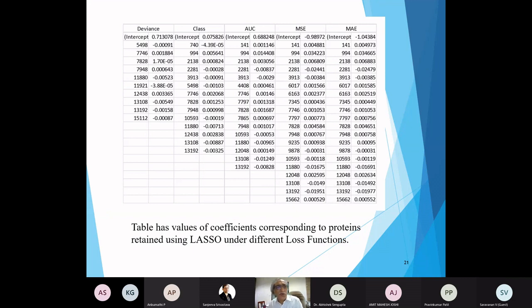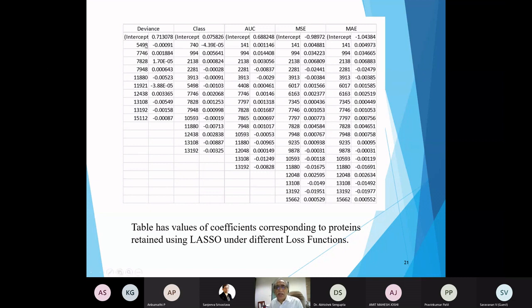Okay, and that is if you use this loss function, binomial deviance, and if you use LASSO. If you use misclassification rate as the loss function, then it leads us to this model with these many independent variables, independent features, or in the problem parlance, this is the number of proteins.